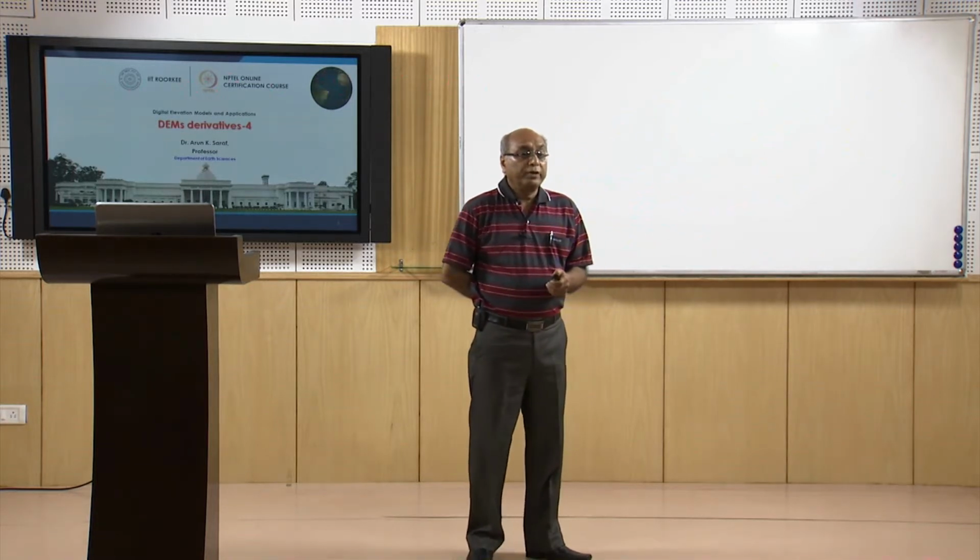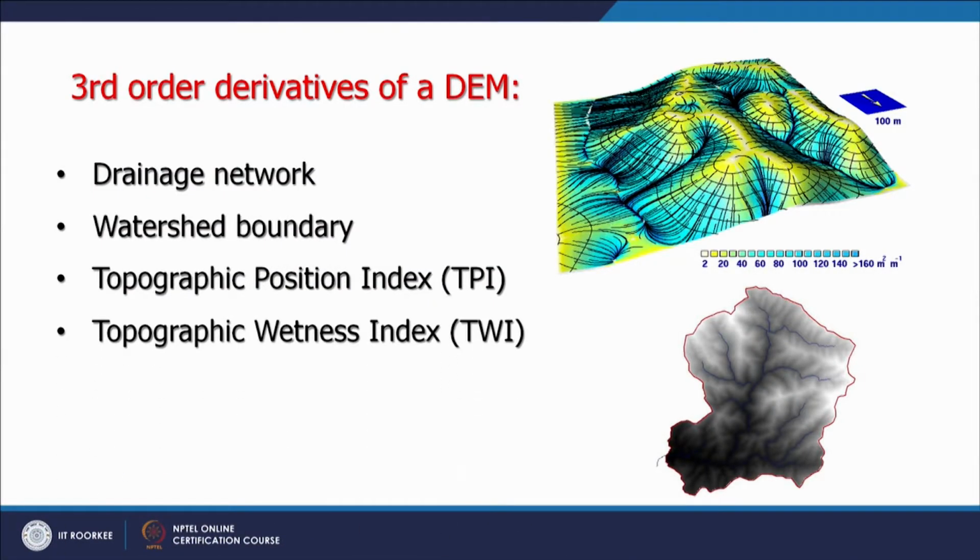And a few indices which we have discussed in this course, one example is the topographic position index, maybe the topographic wetness index, and maybe the sediment transfer index. All these indices which we have discussed are also considered under this third order type of derivatives.